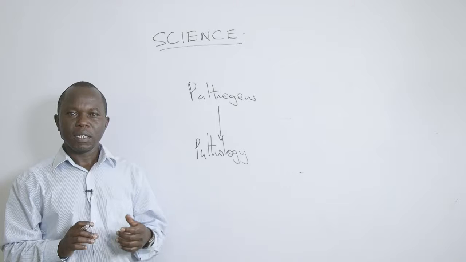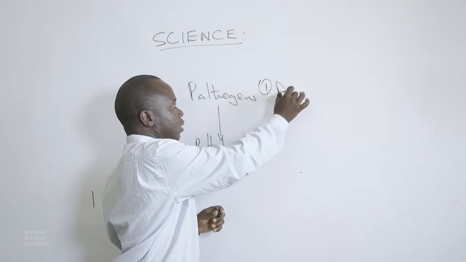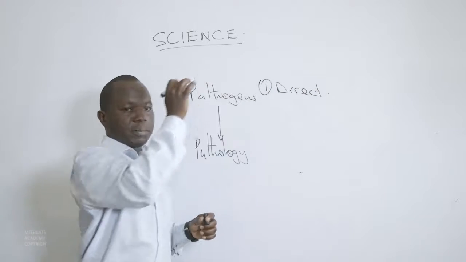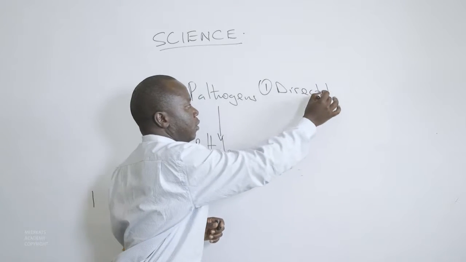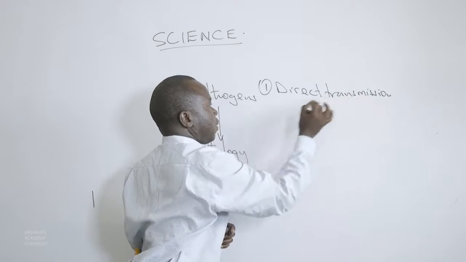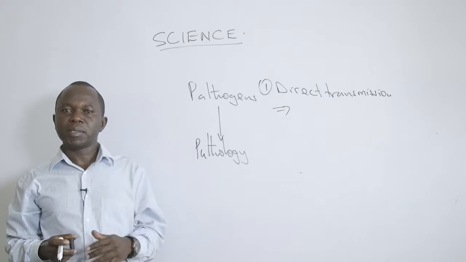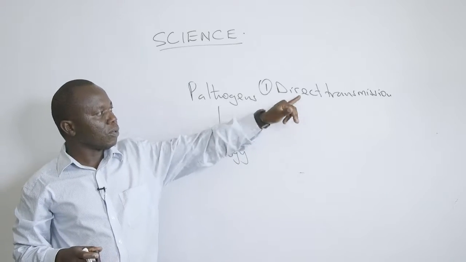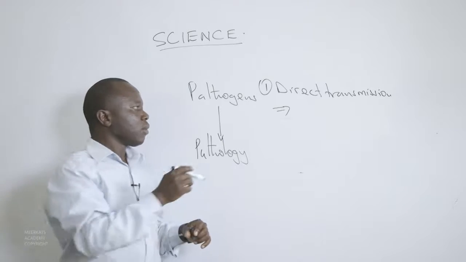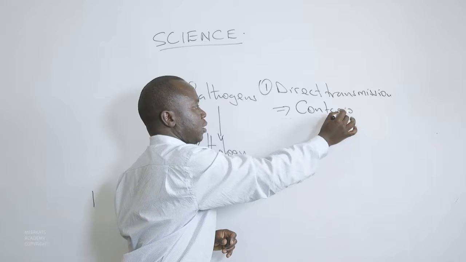We were calling that transmission as direct transmission. And then we said that those diseases that are transmitted directly or through direct contact, we gave them a name as contagious diseases.